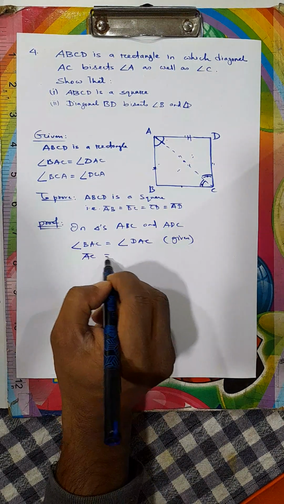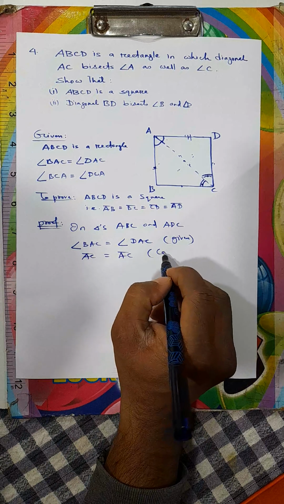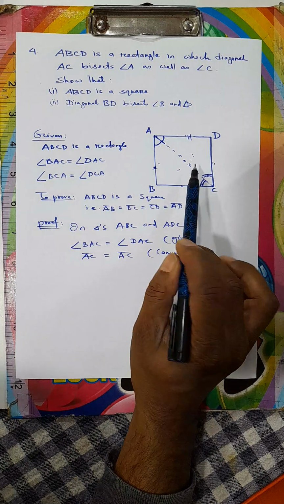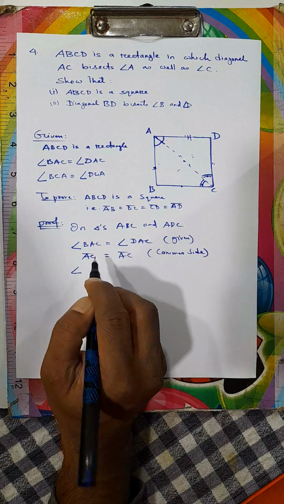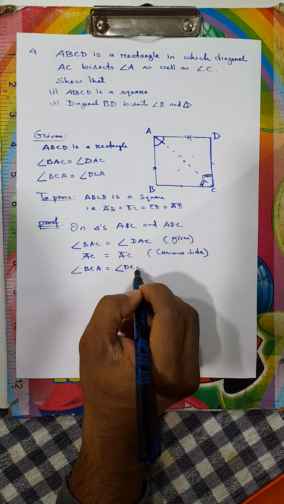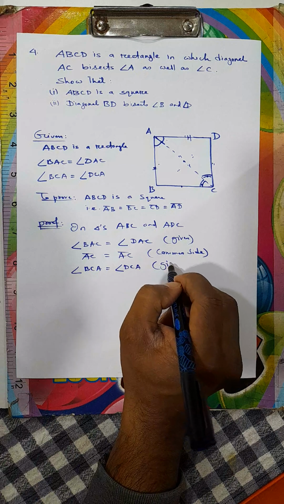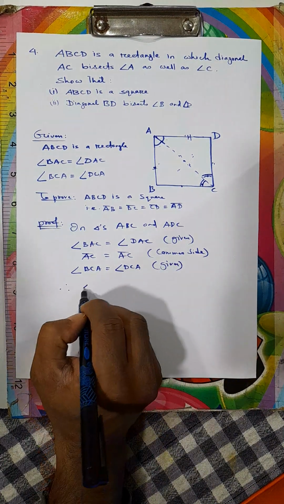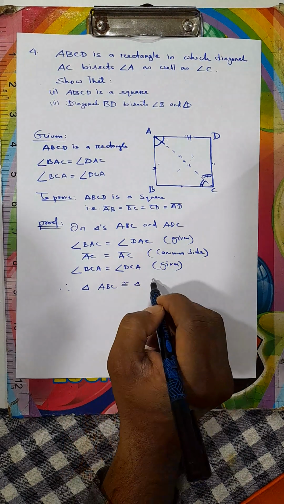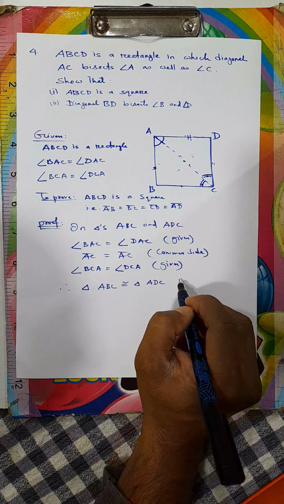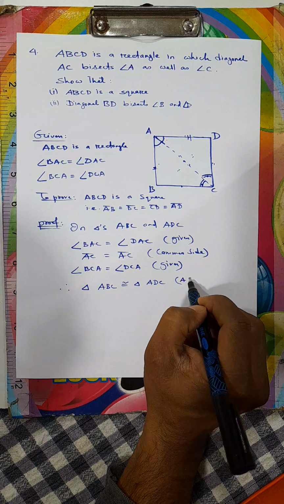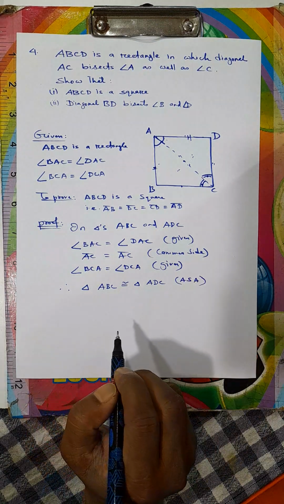AC equal to AC, common side. AC is a common side for both triangles. Then you are given that angle BCA equal to angle DCA, given. Therefore, triangle ABC congruent to triangle ADC. Right? By which criteria? Angle, side, angle. ASA. This is the criteria.